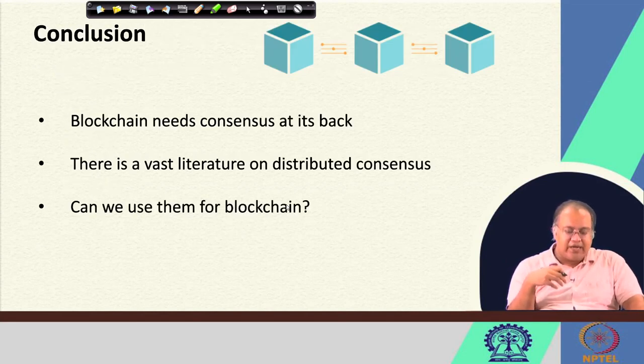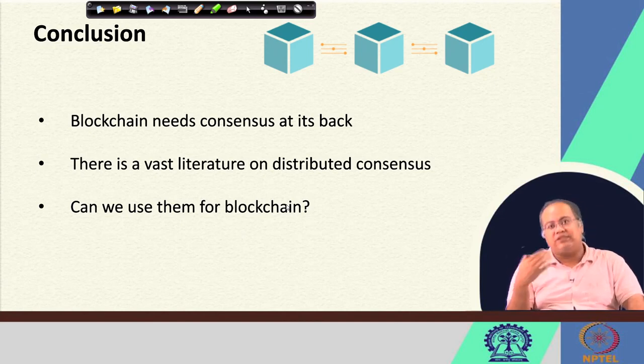So, today I tried to give you an idea about what distributed consensus means and how the idea of consensus evolved over time, and I tried to give you an example of why blockchain needs something like distributed consensus. As we have seen, whenever a new block is proposed for a blockchain, that new block needs to be agreed upon by other peers in the blockchain network.